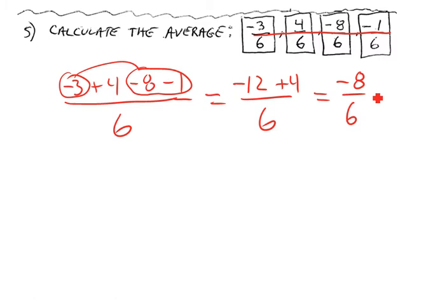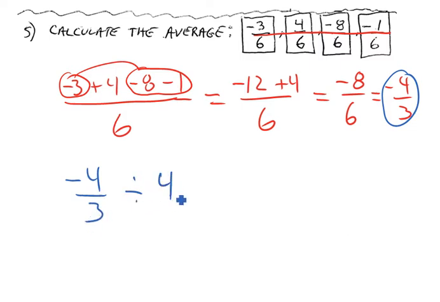If you want to reduce that, 2 goes into both of those, so we get -4/3. So I total it up, and it comes out to this. Now I need to take that and divide it by 1, 2, 3, 4, 4 numbers. So if I take -4/3 and divide it by 4, then I should find the average.